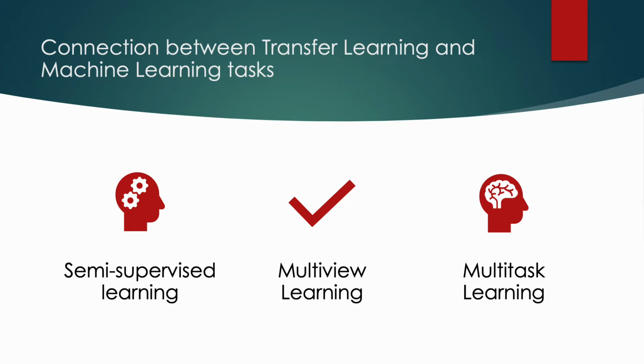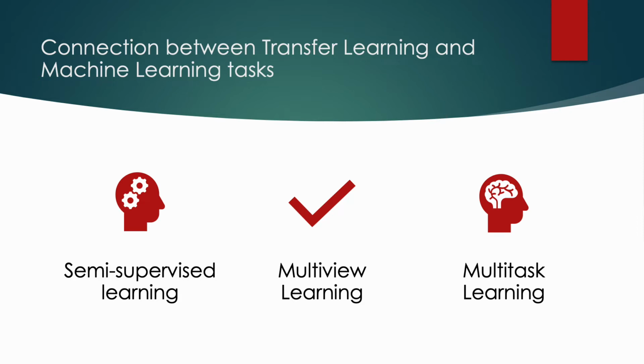Now we'll talk about multitask learning. It transfers the knowledge in related domains, but transfer learning transfers the knowledge while simultaneously learning the related task. Multitask learning focuses on all tasks, but transfer learning focuses more on the target tasks than the source task, because that is where we'll be using the stored knowledge.